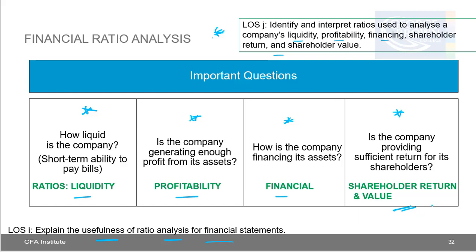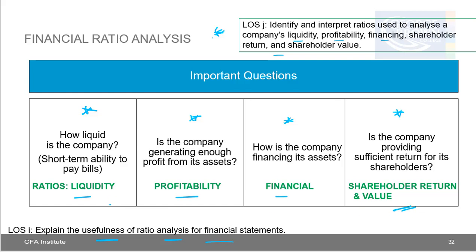Now, the important thing to understand in the CFA Institute Investment Foundations program, you have to understand these ratios. There's a numerator and denominator. That's what a ratio is. It's one number divided by another. But in the learning ecosystem, you're not required to do any calculations. You need to understand the ratios, the different categories: liquidity, profitability, financial, shareholder return, and value.